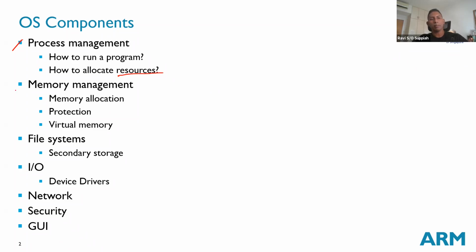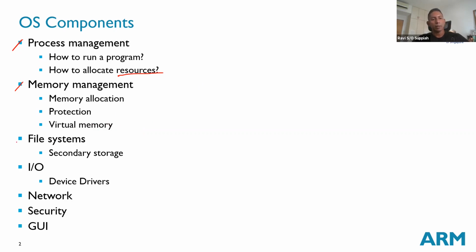How do you manage the memory? Because your system has a finite amount of memory, and you have so many parallel processors trying to use this memory. So how do we allocate to all the different processors that want memory? How do we protect it, and so on? We also have a separate lecture specifically on virtual memory as well.